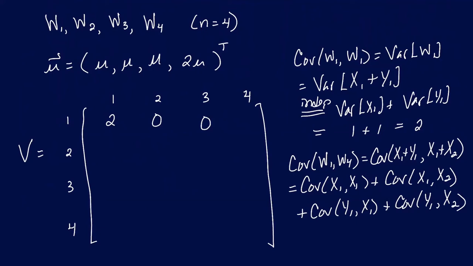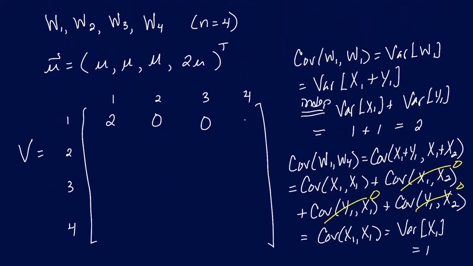So x1 and x2 in particular, they are independent and they have a covariance of 0, so that's going to 0 out. Y1 is independent of x1, so these guys have a covariance of 0. Same thing for y1 and x2. Covariance is 0. And the only thing we're left with is the first term, the covariance between x1 and x1, which is the variance for x1, and that is 1. So I'm going to put a 1 in the 1, 4 entry of the matrix.